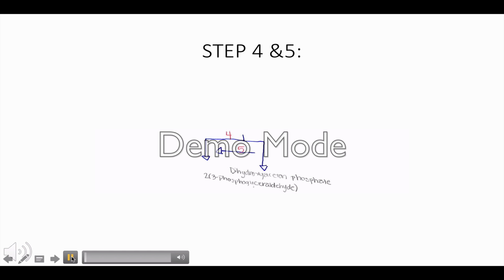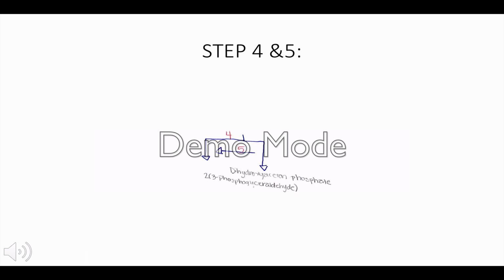Now for step 4, which utilizes the enzyme aldolase, which catalyzes the cleavage of the FBP to yield two 3-carbon molecules. One of these molecules is called glyceraldehyde 3-phosphate, or GAP, and the other is DHAP. GAP is the only molecule that continues along the glycolytic pathway.